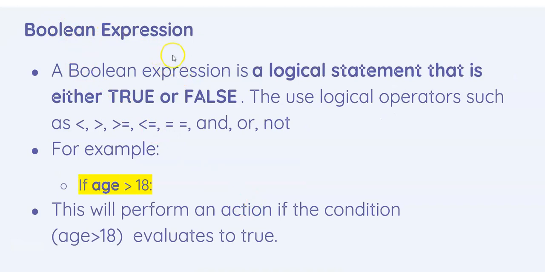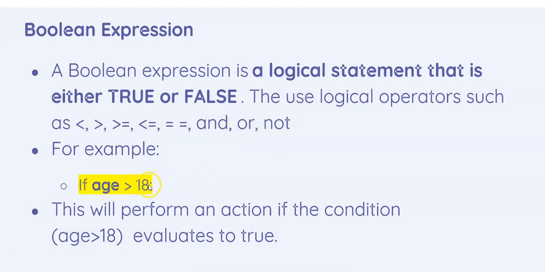And we have Boolean expression. A Boolean expression is a logical statement that will either evaluate to true or false. So you're looking for comparison operators: if something is less than, greater than, less than or equal to, greater than or equal to, or you're looking for these logical operators, which are and, or, not. Here's an example.